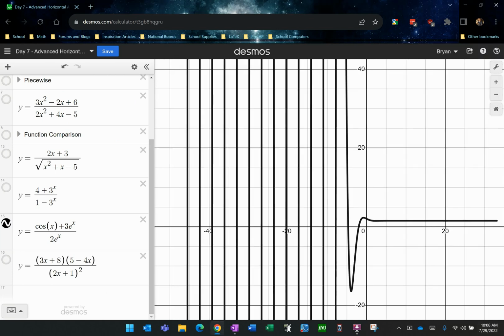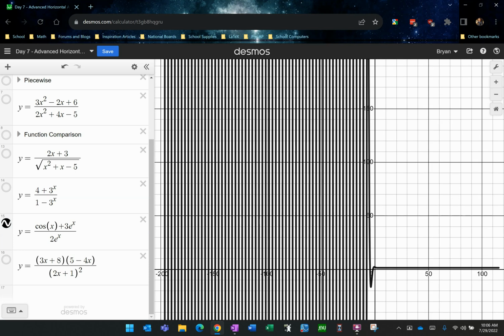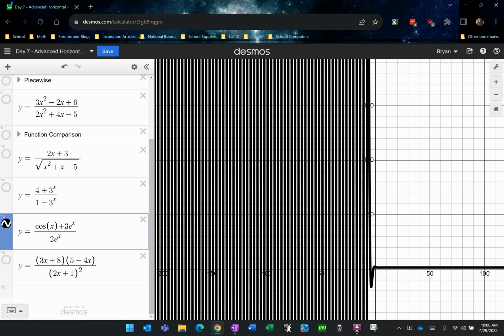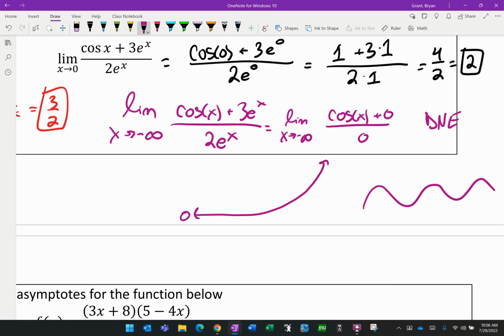We just are bouncing back and forth and so high up, because e to the x is like 0.00000 when you go far left, and when you divide by a small decimal, your answer gets really, really big. So cosine is actually getting bigger and bigger and just bouncing up and down forever. Definitely not approaching a value. Definitely no horizontal asymptote on the left side.